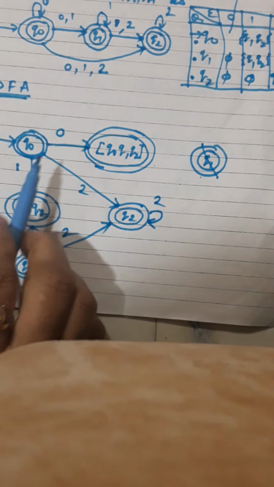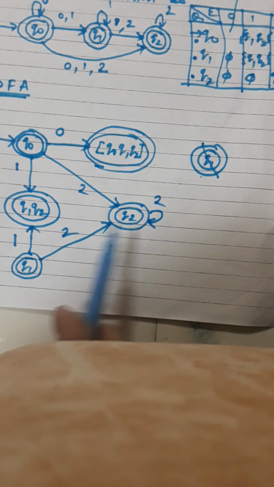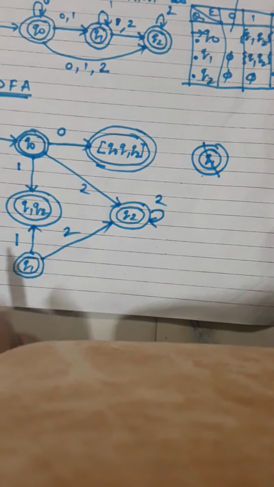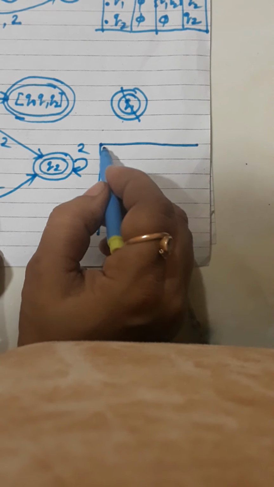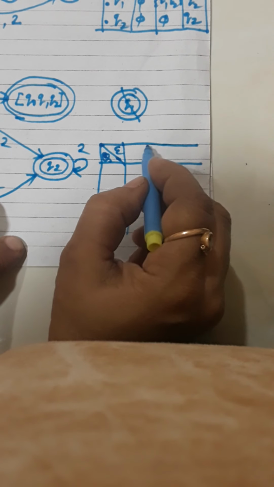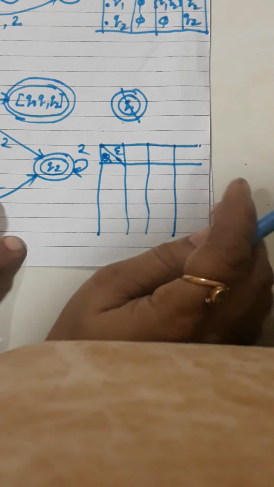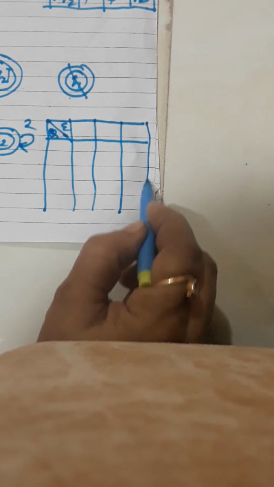Have I considered all the states, Q0, Q1 and Q2? Now we will draw a transition table for this. There are 3 input symbols, 0, 1 and 2.